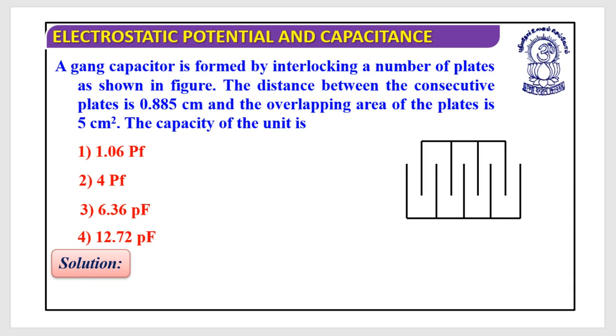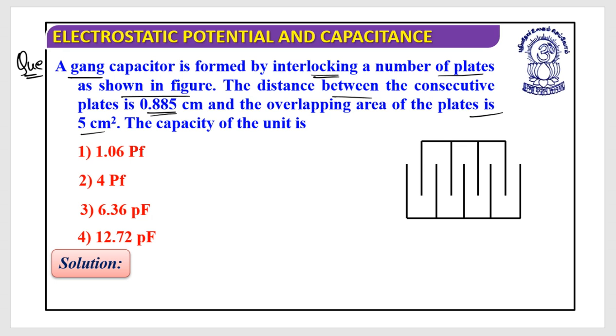Let's have a look at the next question. It says that a gang capacitor is formed by interlocking a number of plates as shown in the figure. The distance between the consecutive plates is given and the overlapping area of the plates is given. I need to find the capacity of the unit.